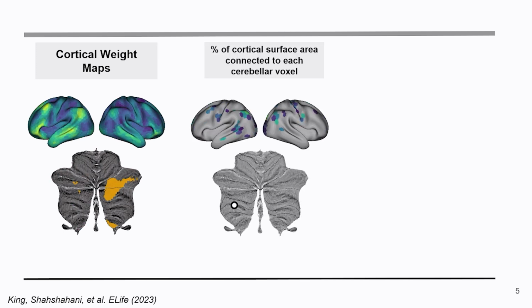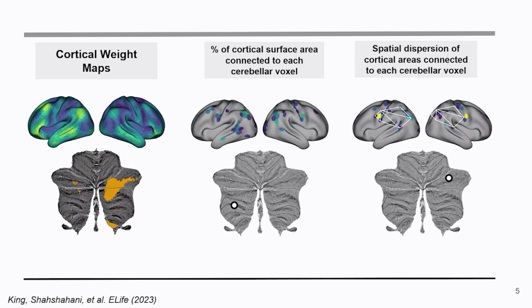And so we can see that there's clearly a distribution of these cortical inputs across the cortex, and so we wanted to actually quantify the convergence between cortex and cerebellum. To do this, we took for each cerebellar voxel the percentage of the cortical surface area and calculated that. And then we can also measure the dispersion, so how far apart these different cortical regions are for each cerebellar voxel.